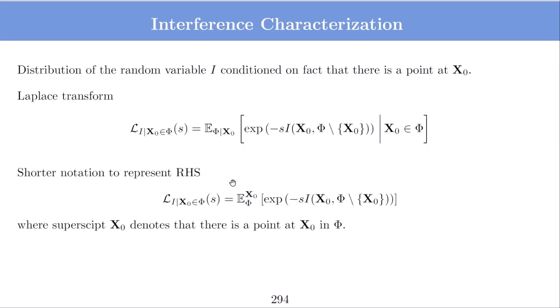Either I condition on the point and look at a function of the point process excluding that point, or I can just look at the unconditional point process, where there is no point at x0, so I don't have to remove or add that point.